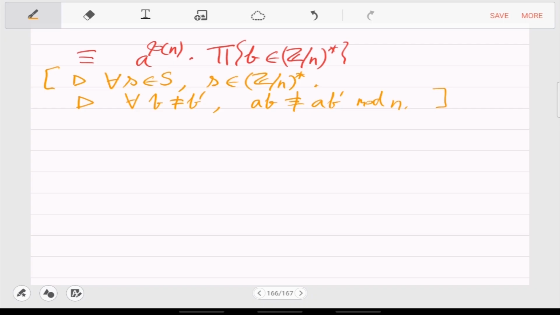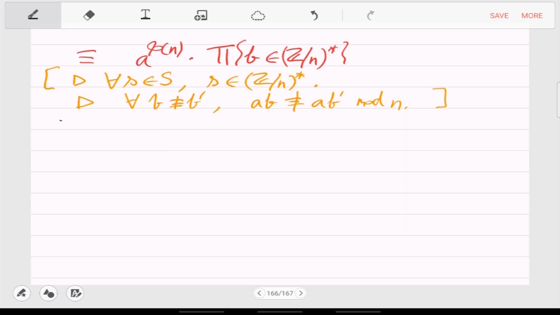So for different residue values b and b prime, scaling by a will give different results. This we have shown before. Basically a is invertible, so you can just divide by a both sides. So which now gives you the property that actually scaling by a is just permuting the elements of S.